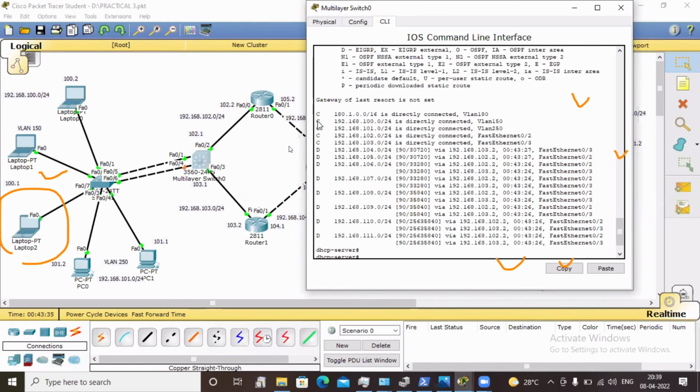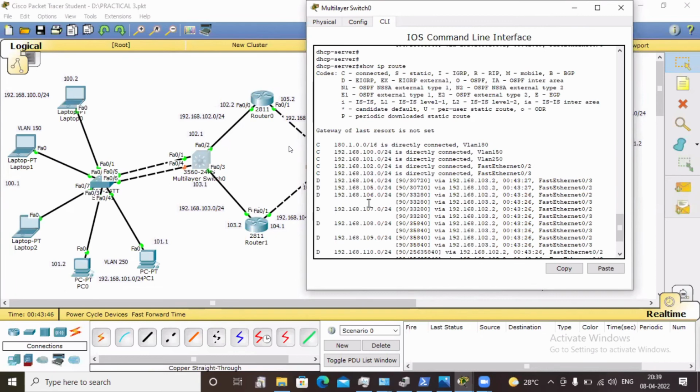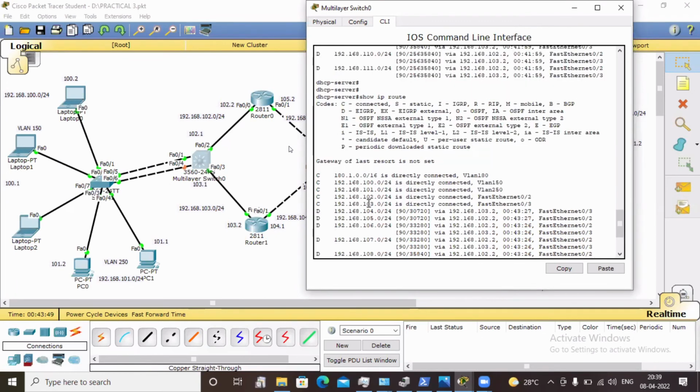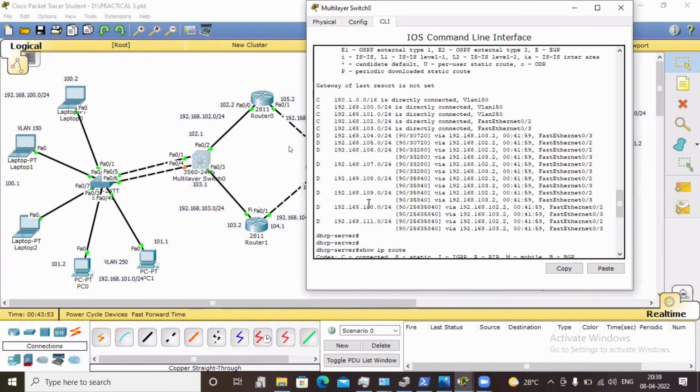Have you created the interface VLAN command? Just show me this one. Just scroll up. Keep going up.